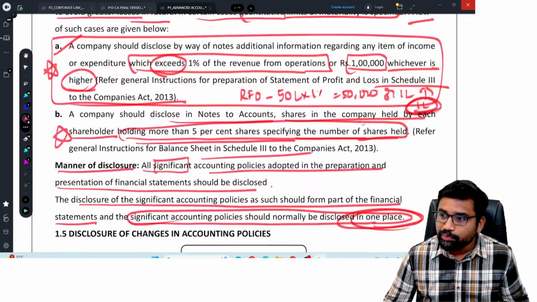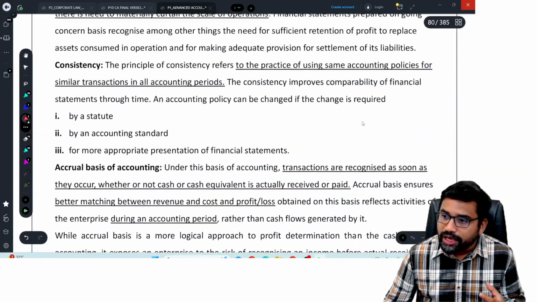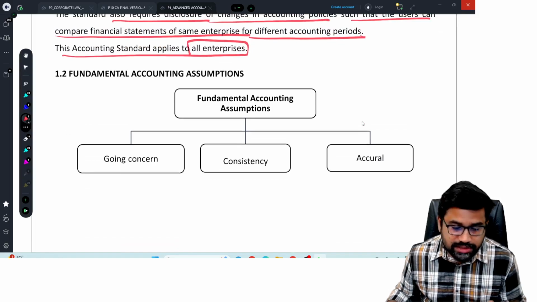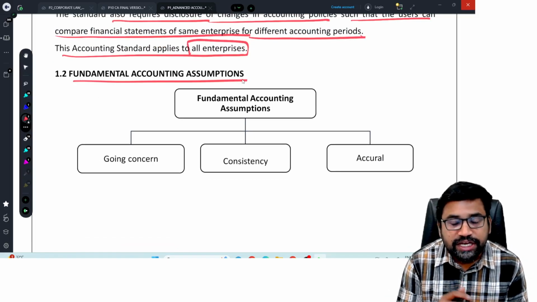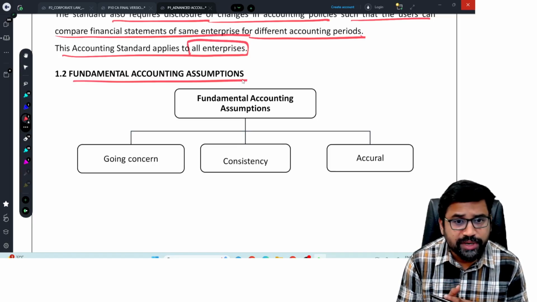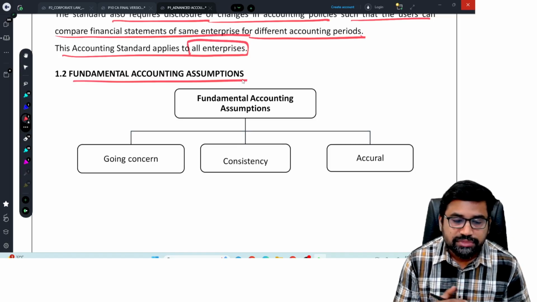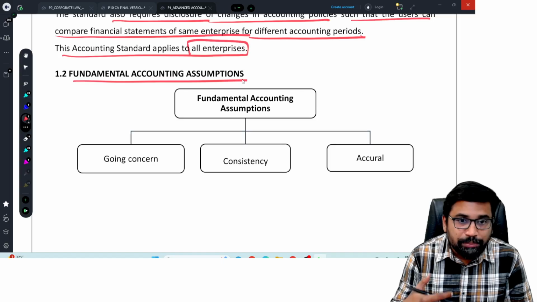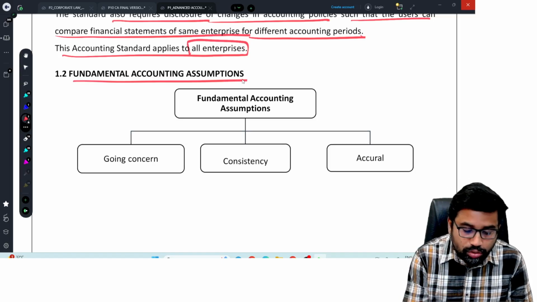Okay. Now, once you learn about accounting policies, there is one more concept, sir, that is fundamental accounting assumptions. Accounting Standard 1 also talks about fundamental accounting assumptions. What are fundamental accounting assumptions? Generally, whoever prepares the financial statements, these assumptions hold good.